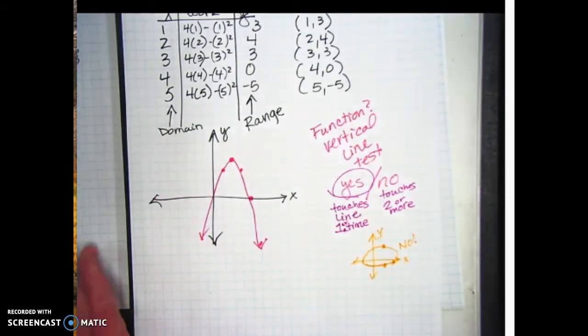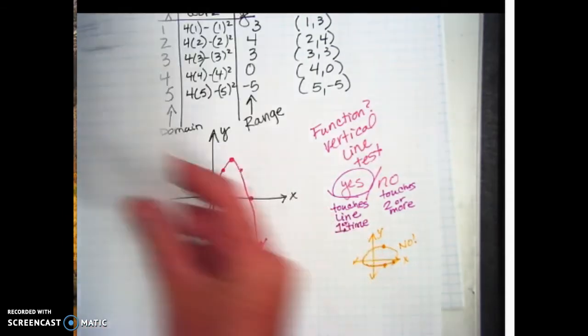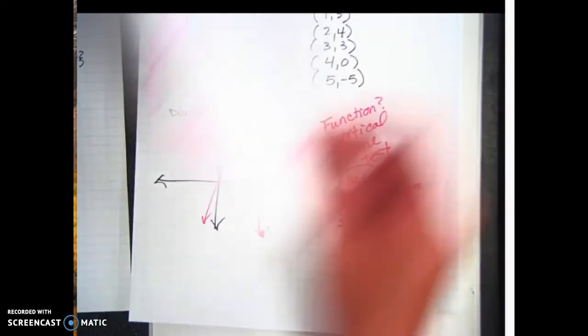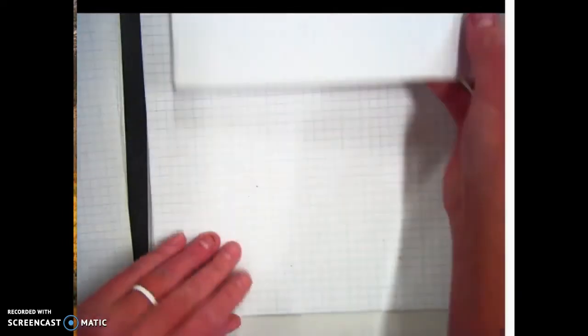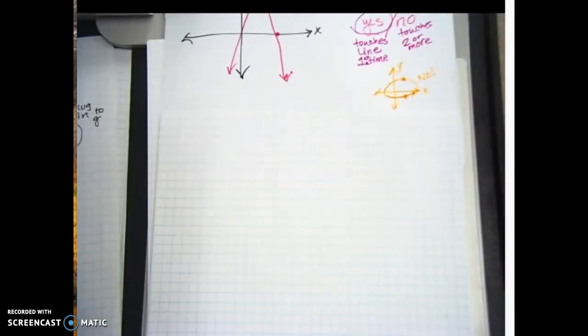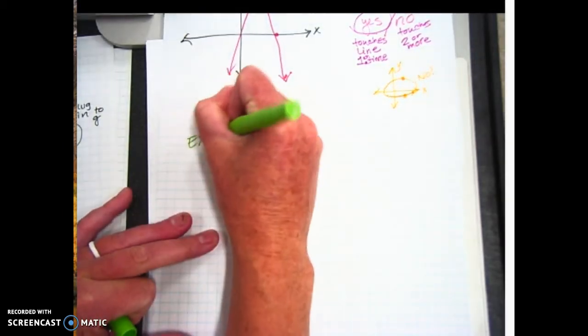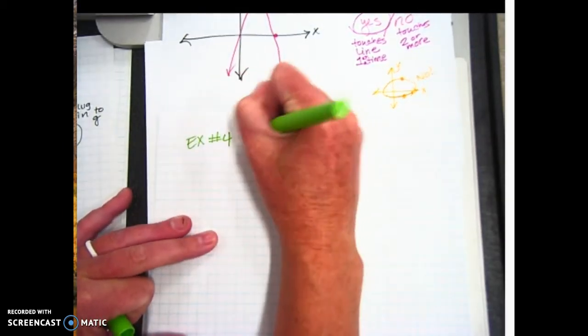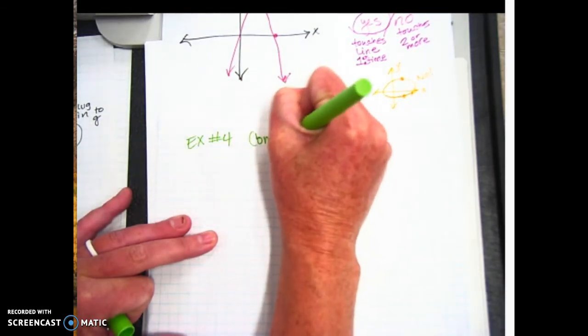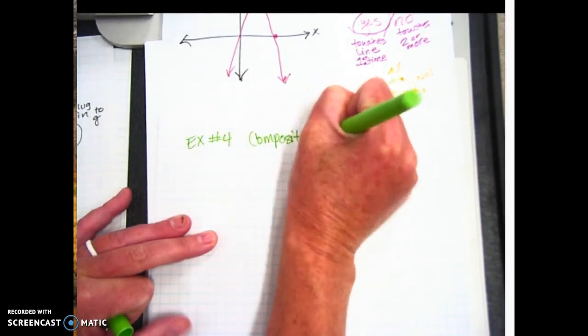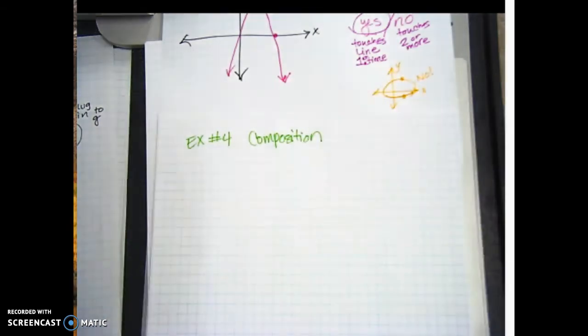All right, one more thing to talk about. And that's plugging into a function. So example number 4, where you have something called a composition of 2 functions.